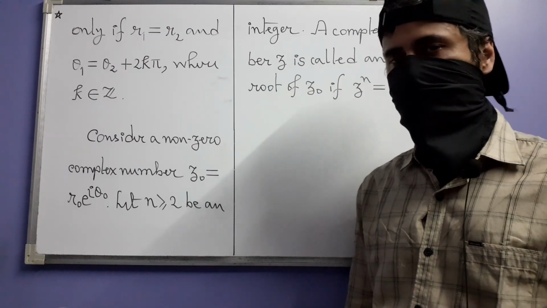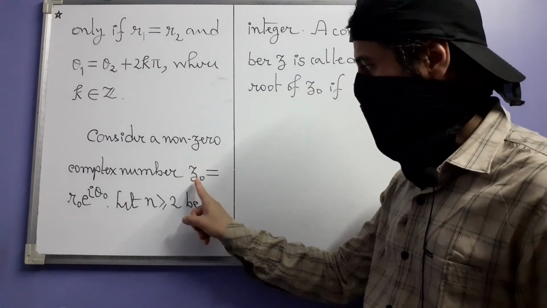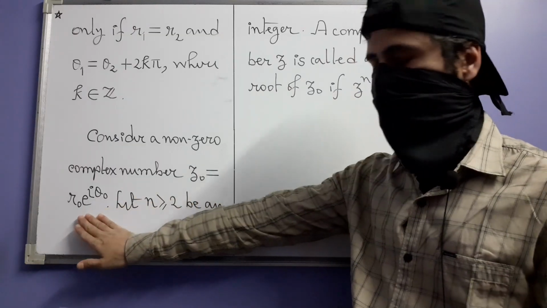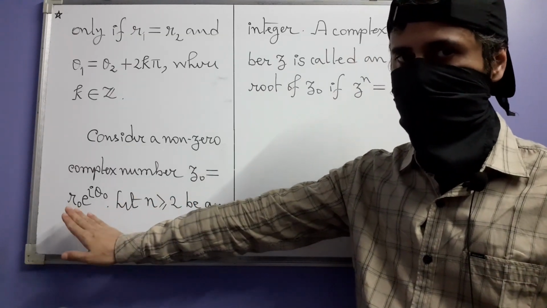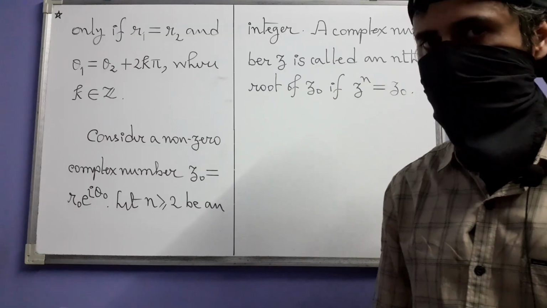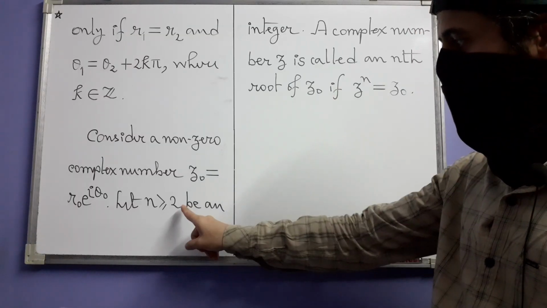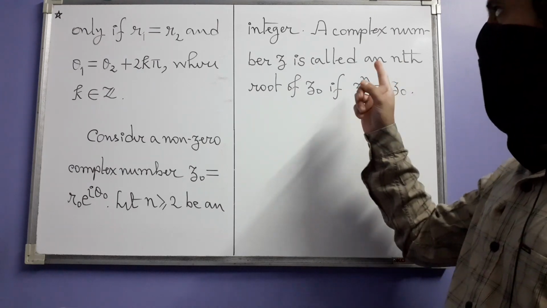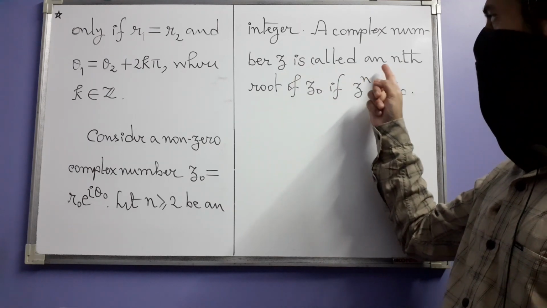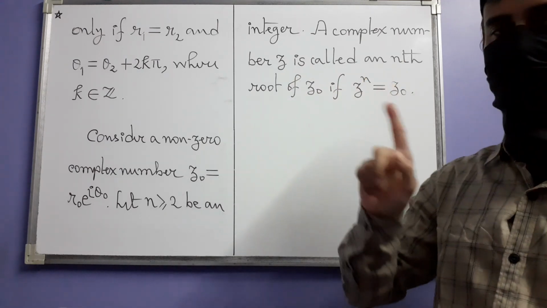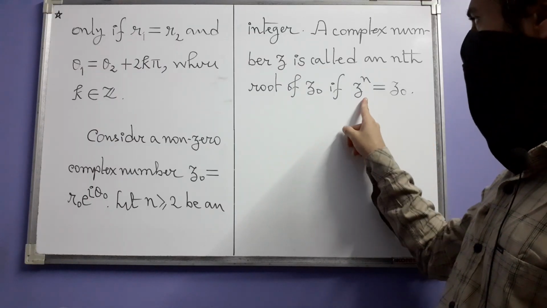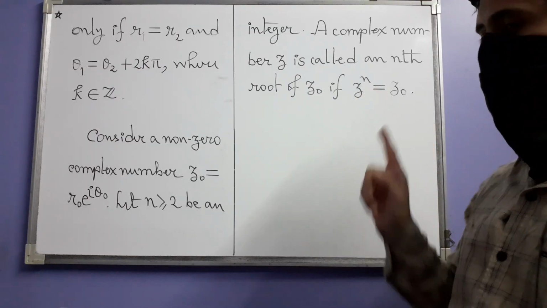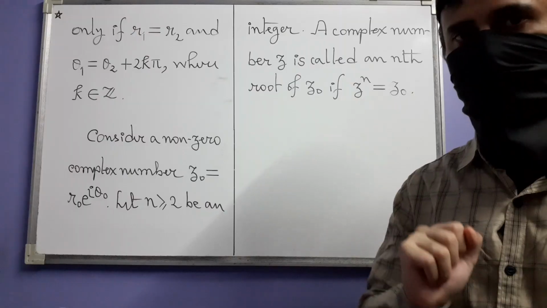Now consider a non-zero complex number z0 whose exponential form is given, r0 times exponent of i theta 0. Let n be an integer which is at least 2. We call a complex number z an nth root of that z0 if the nth power of z equals z0.